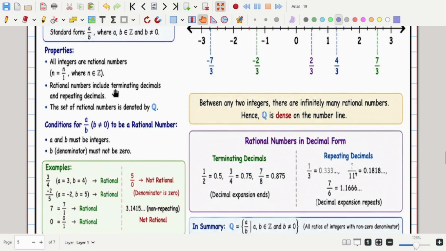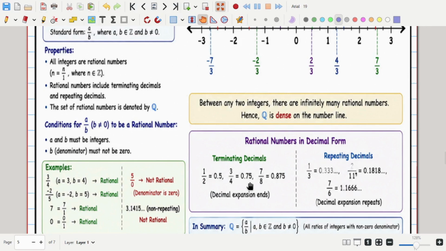Rational numbers include terminating decimals and repeating decimals. Terminating decimal means, for example, 1 by 2 is equal to 0.5. After 5, the decimal terminates. 3 by 4 is equal to 0.75.